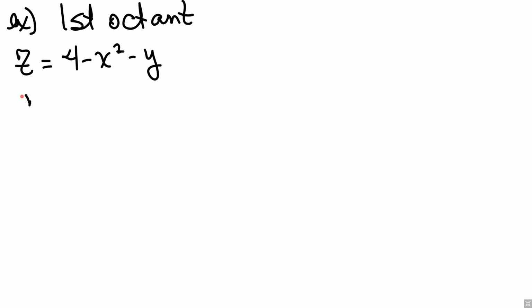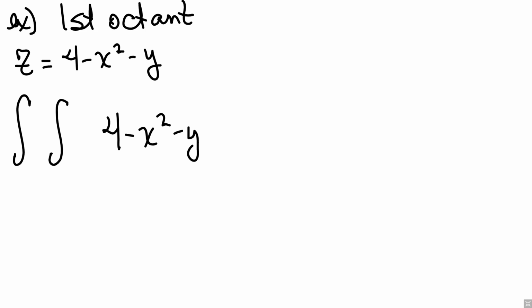So again, we're going to do a double integral. Our function we know is 4 minus x squared minus y. And then we have to figure out whether we're going to do dy dx or dx dy. Now, what's different about this problem than the previous problem?